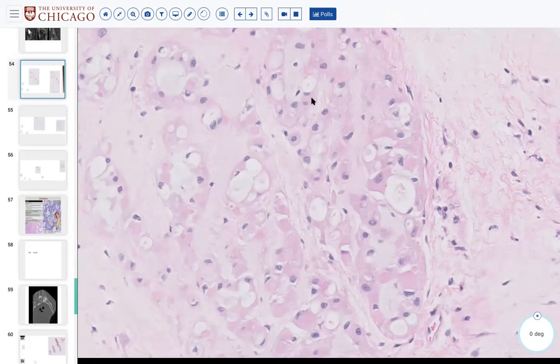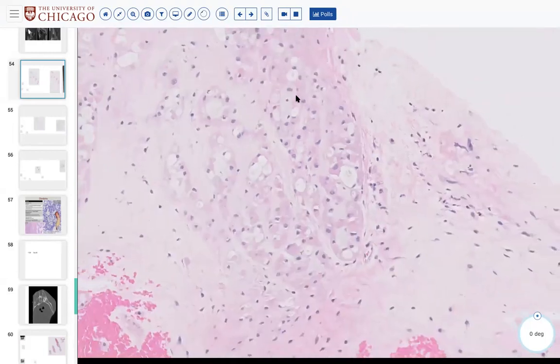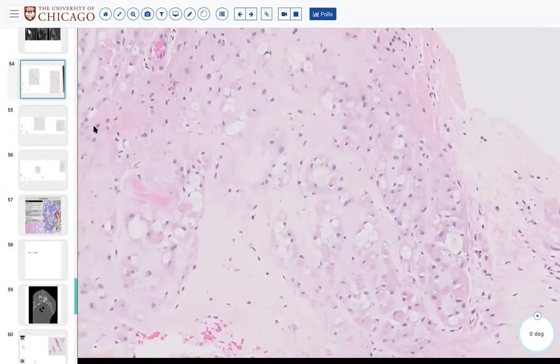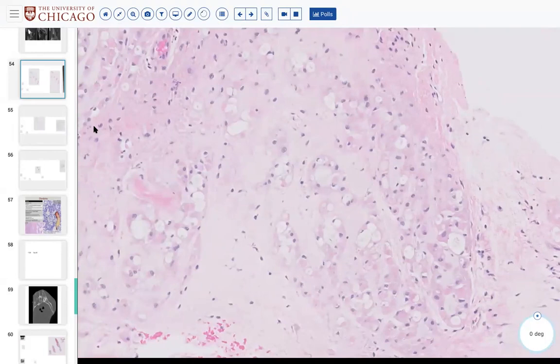The other thing that's interesting about chordomas is that they stain for the three markers that you already suggested: EMA, keratin, and S100. Unfortunately, we don't have brachyury in our institution because we don't see enough of these to make it worthwhile. But that is the one absolutely 100% specific immunomarker.